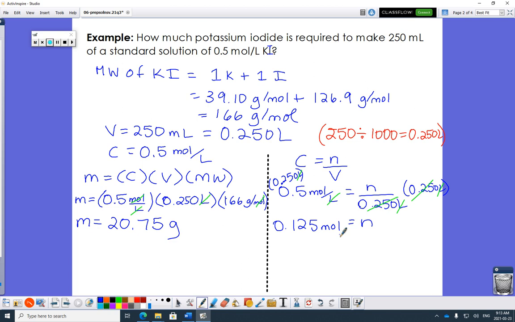Okay, and then when you make these solutions, our scales don't read moles, so we have to change it back into mass. So again, you're going to multiply, and you get the same thing. Okay, so you decide what you would prefer.